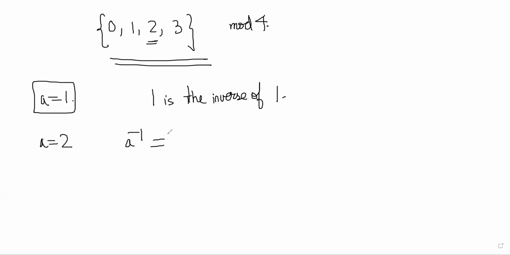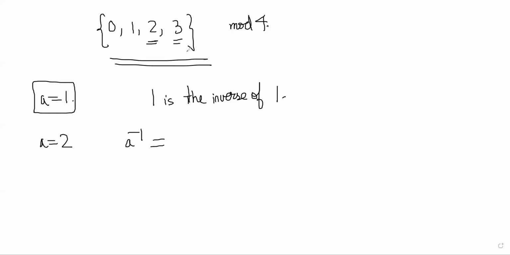So 2 into 3 is 6, so 2 mod 4. 2 into 2 is 4, 0 mod 4. 2 into 1 is 2 mod 4 again. 2 into 0 is 0 mod 4. So there is no inverse for 2, right? Here there is no inverse for 2.